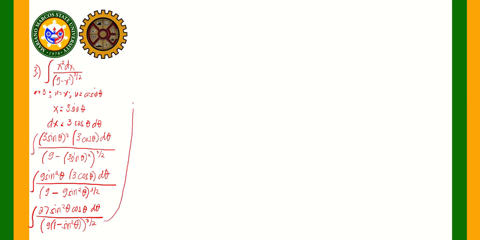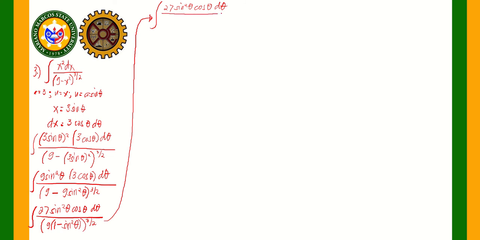Now, we are going to recall again our identities. 1 minus sine squared theta is an identity again from the Pythagorean relations. So, 1 minus sine squared theta is equal to cosine squared theta.